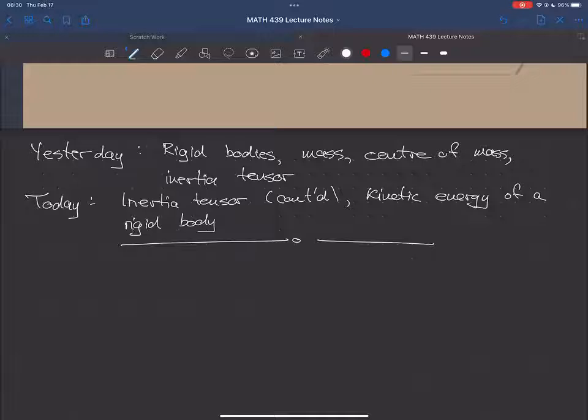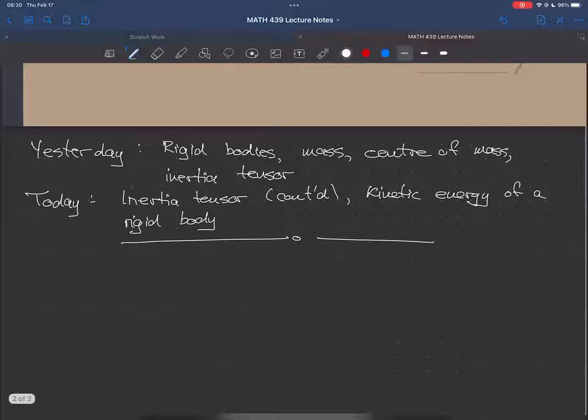All right, so yesterday we started talking about rigid bodies. Today we're going to keep talking about rigid bodies. And in particular, last time we started talking about the inertia tensor. And we showed that the definition of the inertia tensor about a point x naught was this.